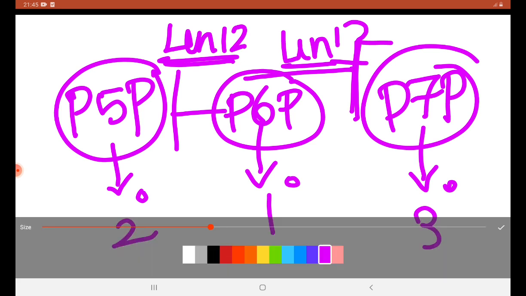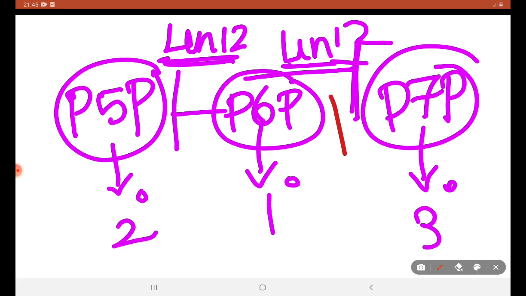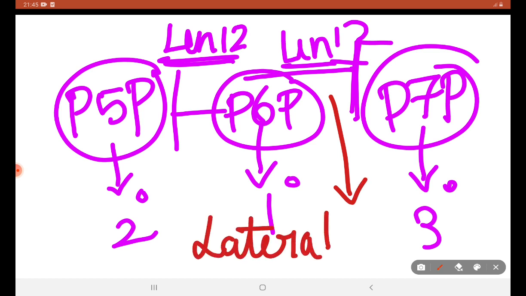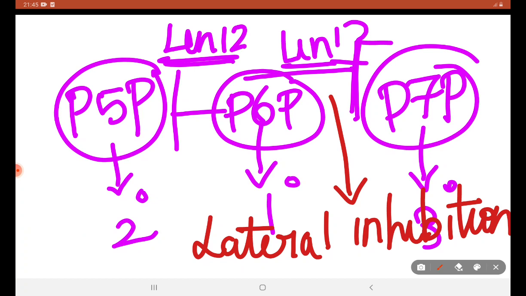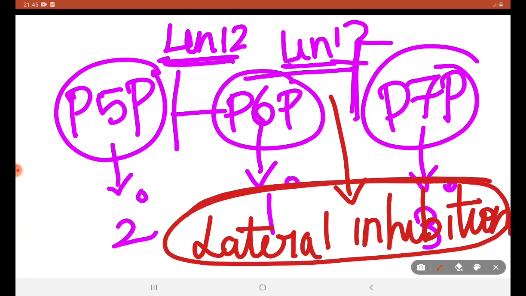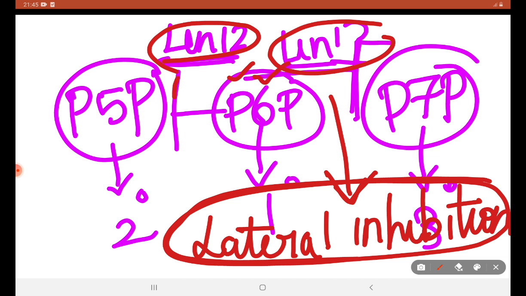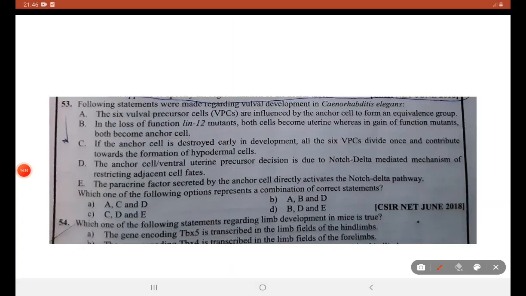This kind of signaling is called lateral inhibition, where the signal produced from P6.p will inhibit P5.p and P7.p from becoming primary cells. This is the concept. Now let's look into answering this question.